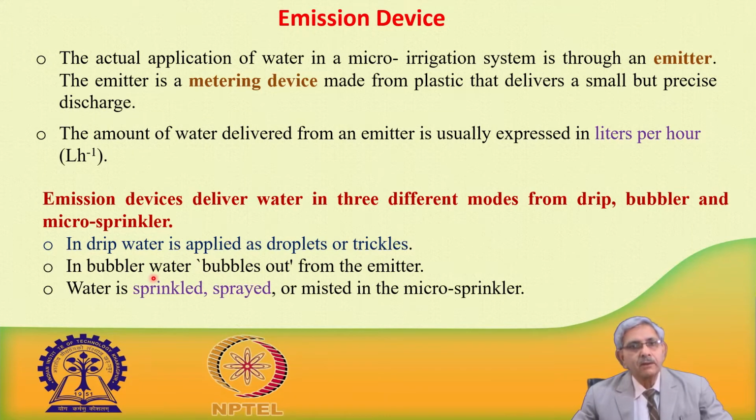When it is discharging in the form of bubbles, or coming out in the form of a continuous stream, it is a bubbler, a device used to deliver water by bubbling out. And water which is sprinkled, sprayed or misted is applied through a micro sprinkler.